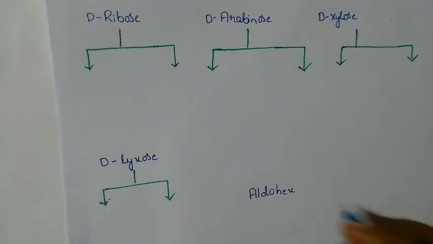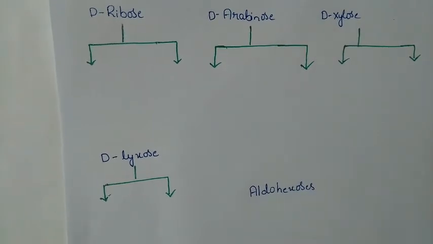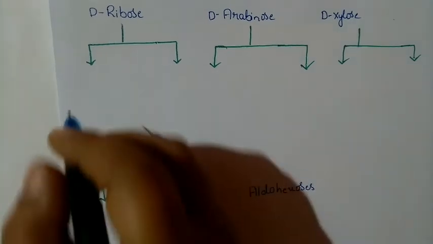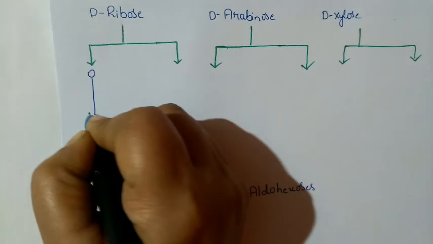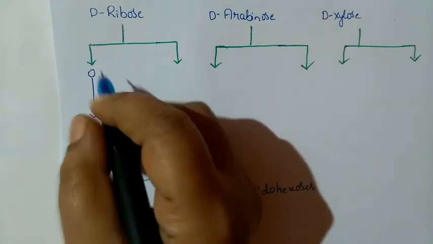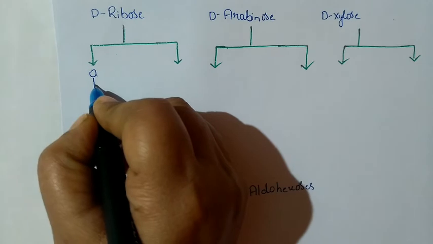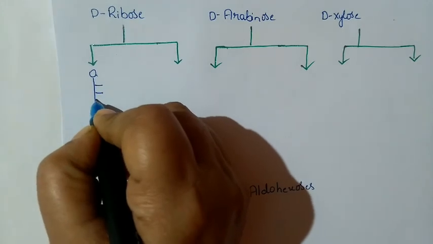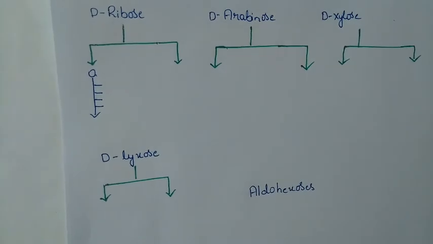Aldohexose means it should consist of 6 carbon atoms. 1, 2 is over, 3, 4, 5, 6. I hope it is clear.